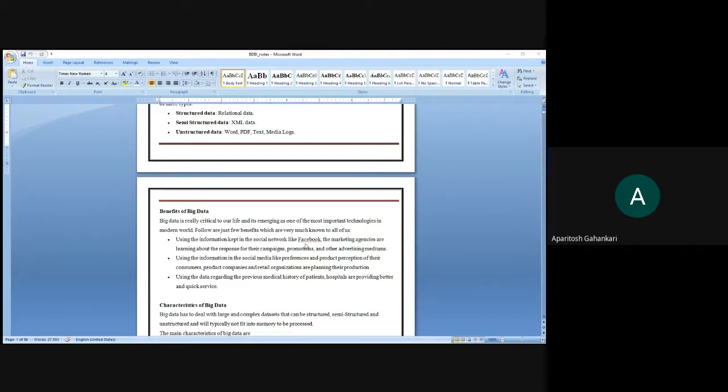And using the data regarding the previous medical history of patients, hospitals are providing better and quicker response service.